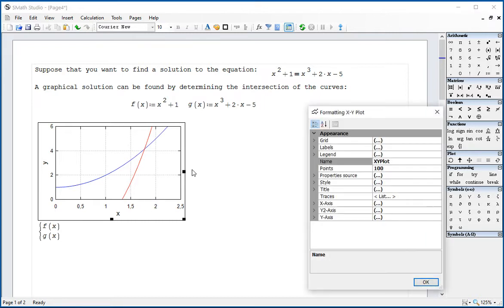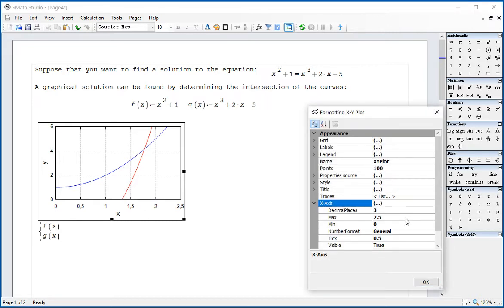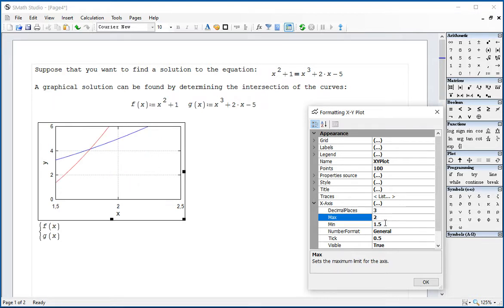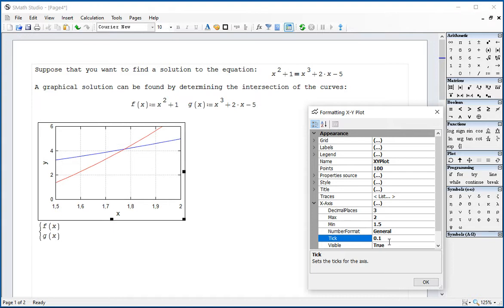So I could proceed to narrow down my increments in x from 1.5 to 2, and say we're going to put increments of 0.25. Actually, 0.1 will do. And then for y, we see the intersection slightly above 4, so I'm going to put 3 to 5.